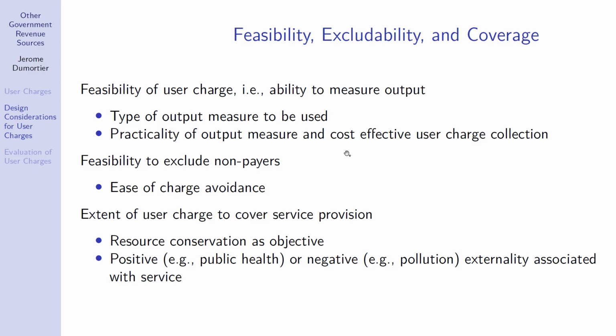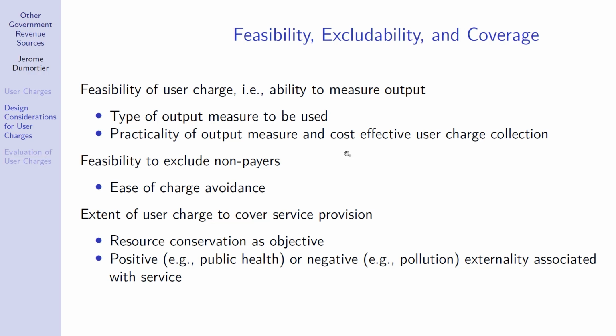Another design consideration is the extent to which the user charges actually cover the service provision or the goods provision. Do you have users or beneficiaries pay for the entire provision of the good, or do you look at the user charges as a subsidy that only partially covers the service provision?